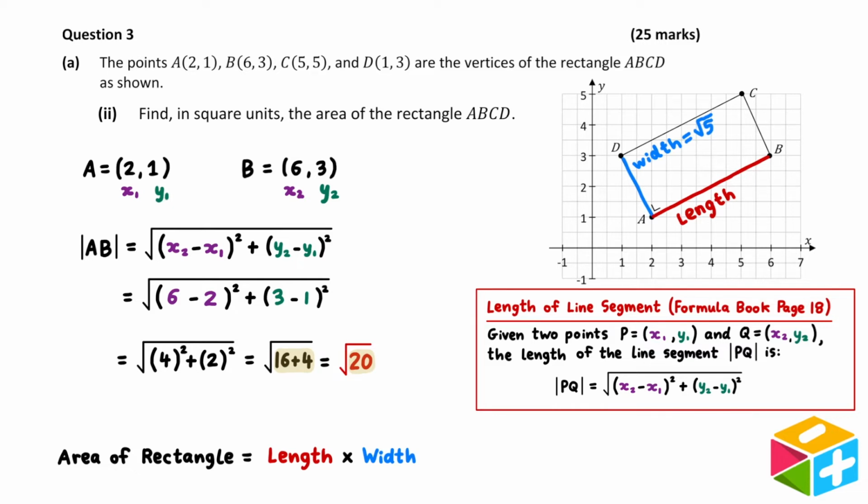So we found that the length of the line segment from A to B is the square root of 20. In other words, the length of the rectangle is square root of 20. Now that we know the length and the width, to find the area of the rectangle, all we have to do is multiply these two numbers together.